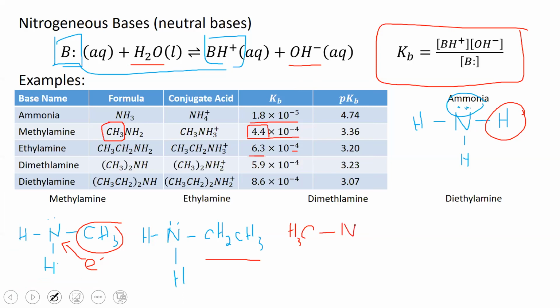But if we change out two of the hydrogens now from ammonia for methyl groups, you get something like that. Now you have two things donating electron density. And so if you were to compare those two, you would expect, having the two methyls, two sets of electron donating things, the nitrogen would be even happier to grab onto a proton, okay?